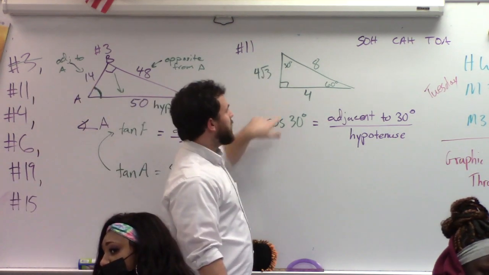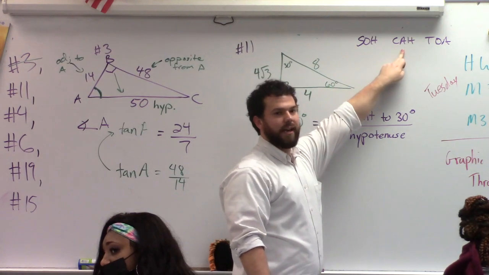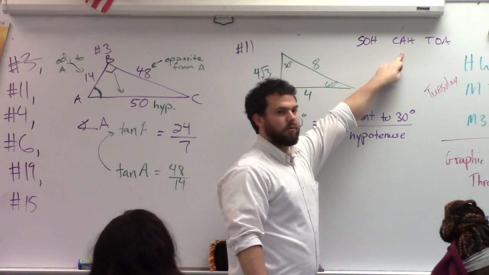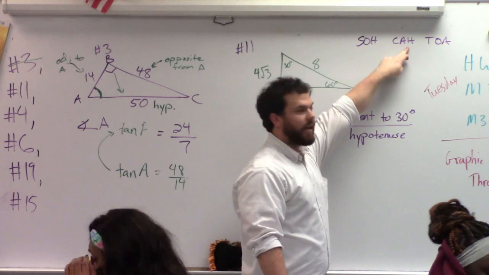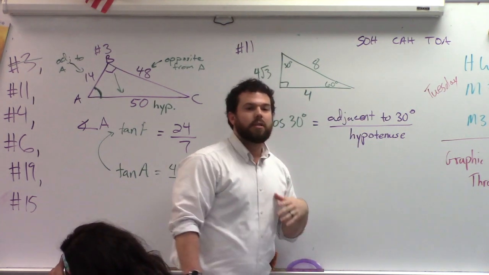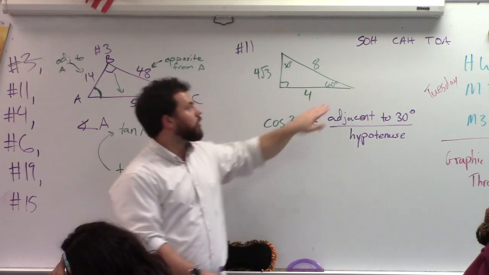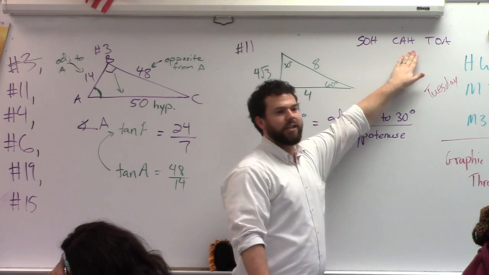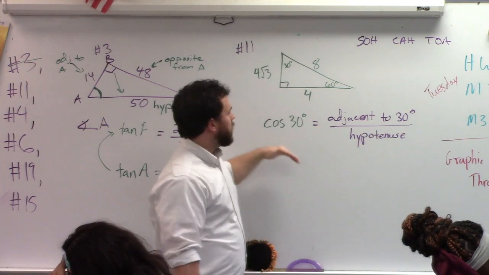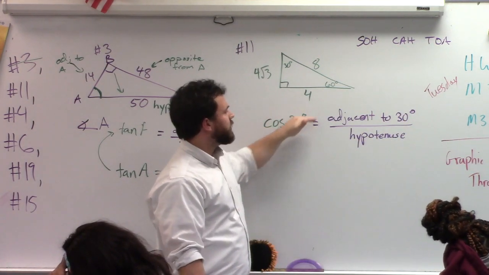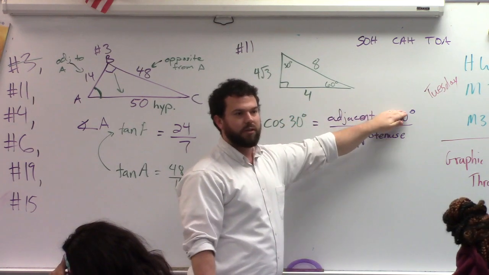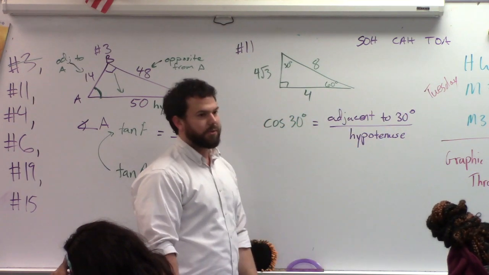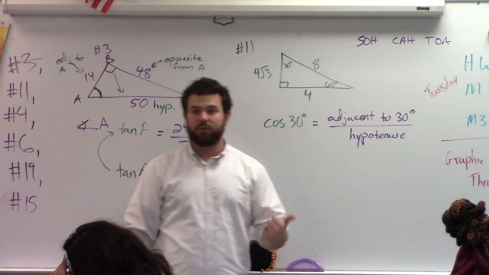And what we're saying is that the cosine, what's the A? Adjacent, what's the H? Hypotenuse. That's just an acronym to help us remember cosine, adjacent, hypotenuse. But that means that the cosine of 30 degrees is equal to the adjacent to 30 degrees divided by the hypotenuse. That's where you need to start on this.